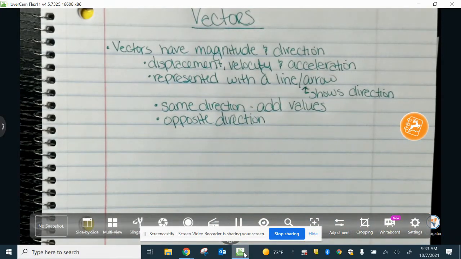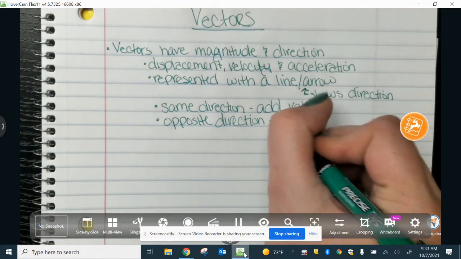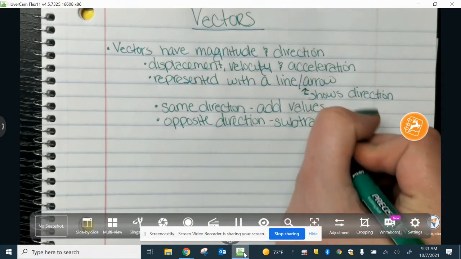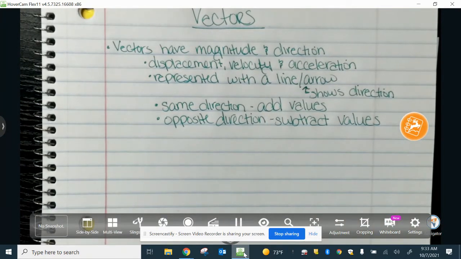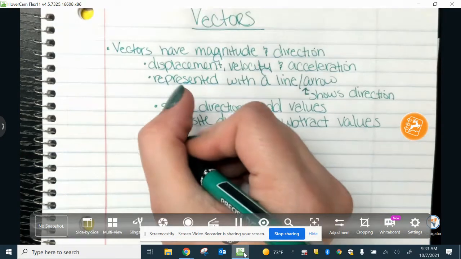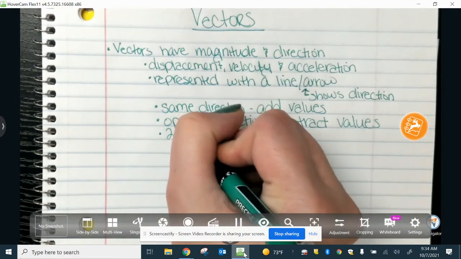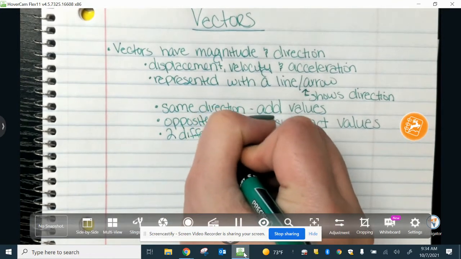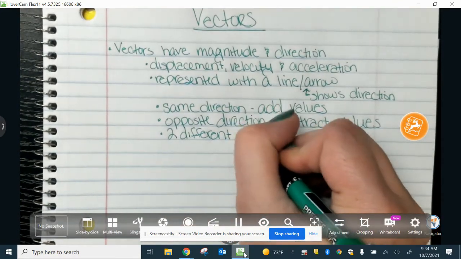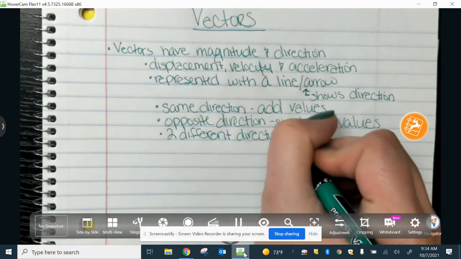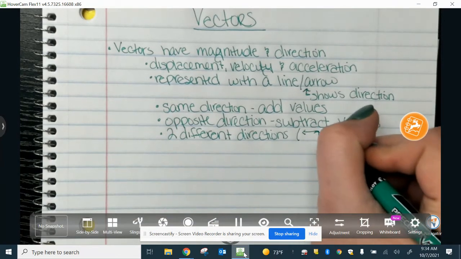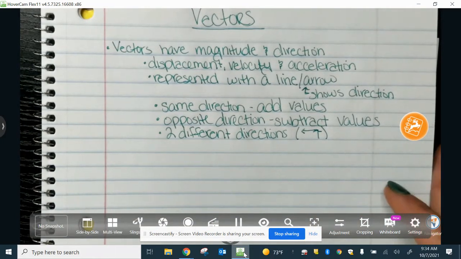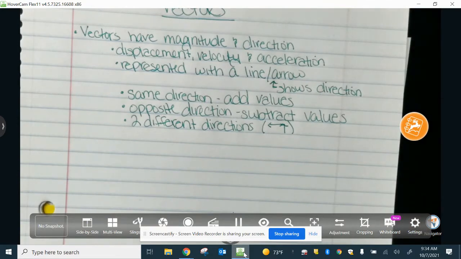When they're in opposite directions, you subtract them. When you have them in two different directions, like that, you're going to use that Pythagorean theorem.